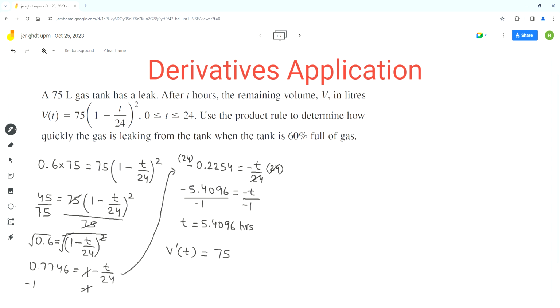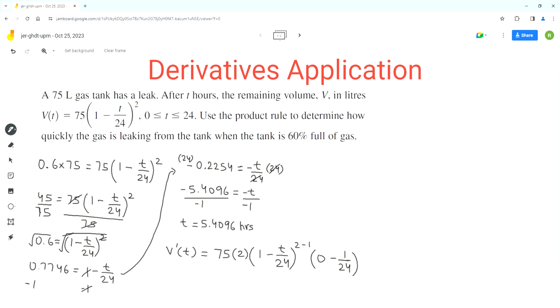So now we'll use the power rule. So we get 2 times (1 minus t over 24) to the exponent 2 minus 1 times the derivative of the inner function, which will be 0 minus 1 over 24. So 1 is a constant, so that's why its derivative is equal to 0.